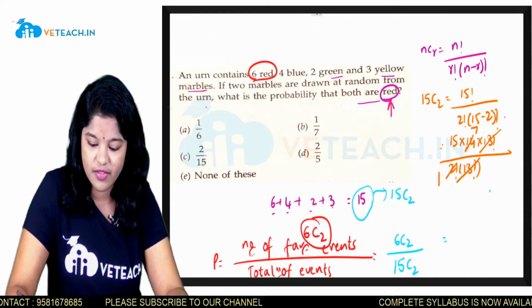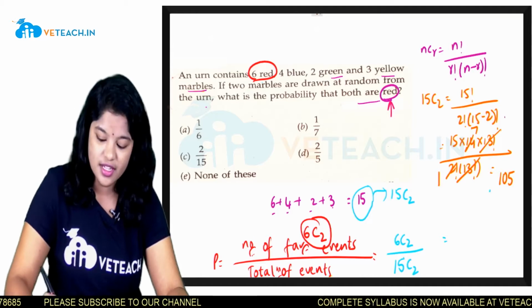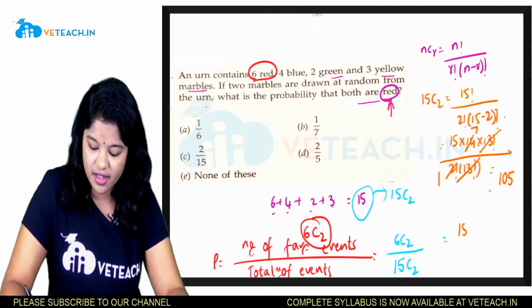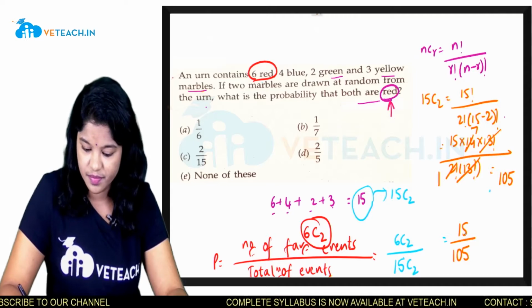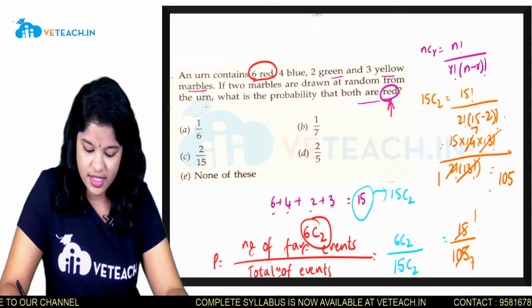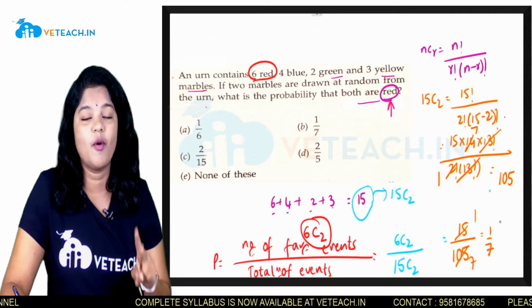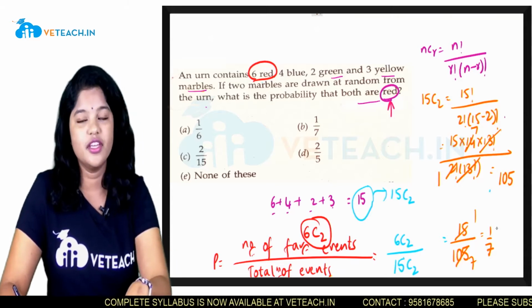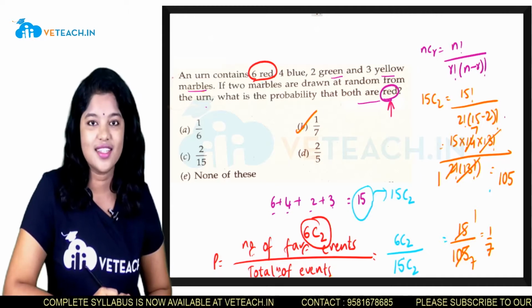So 7 times 15, we will be getting 105. So 15C2 is 105, and 15 divided by 105 is 1 by 7. So 1 by 7 is our probability of picking up 2 red balls out of the given number of balls. So the option 1 by 7 is the correct answer.